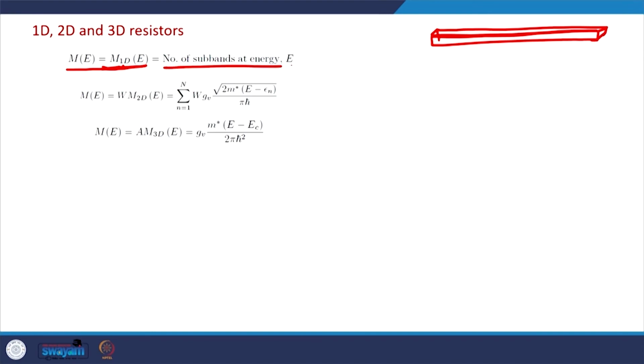In an ideal 1D conductor it is 1, but in a practical, realistic 1D conductor it is equal to the number of subbands at energy E.